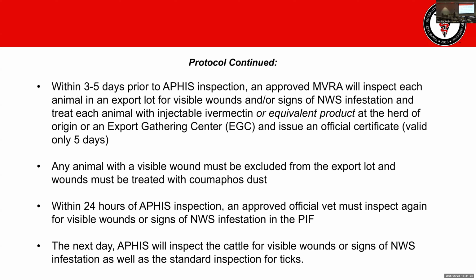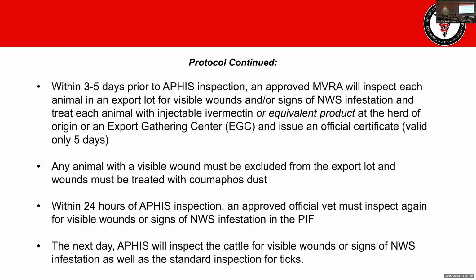It's basically the equivalent of a Type 2 accredited vet in the United States. So that means that they've had the right training for that. And so they have to do their inspection. They can do that inspection at the export gathering facility, or they can do it on the ranch. So they're looking for visible wounds and any kind of sign of New World screwworm infestation.